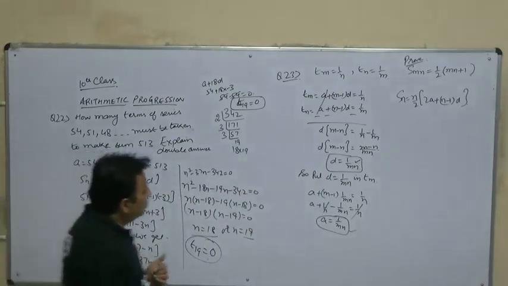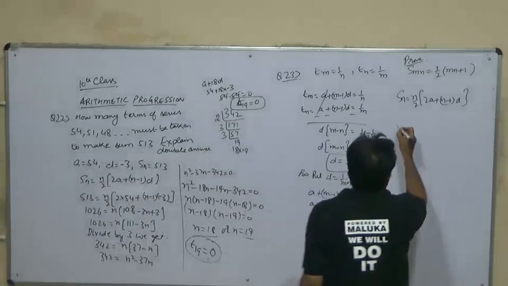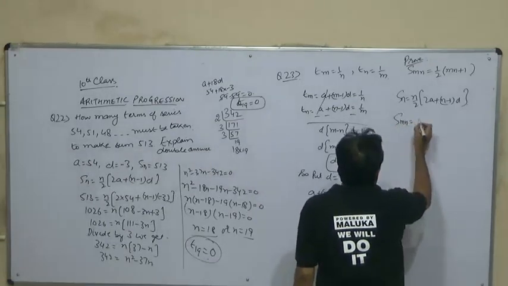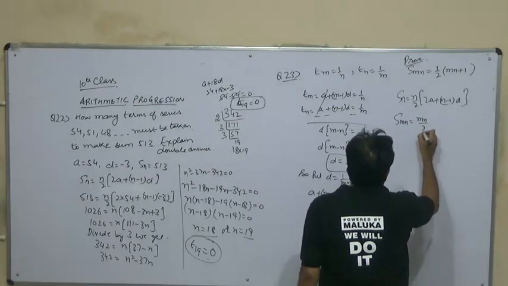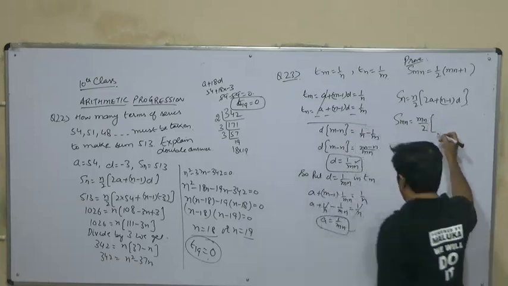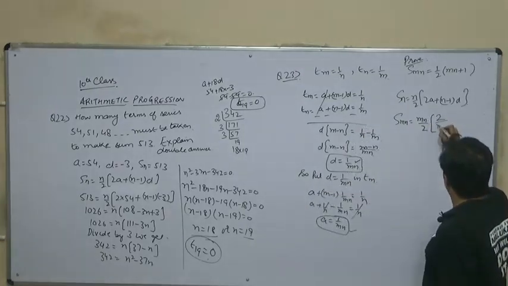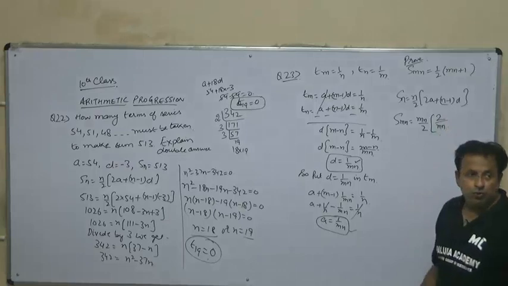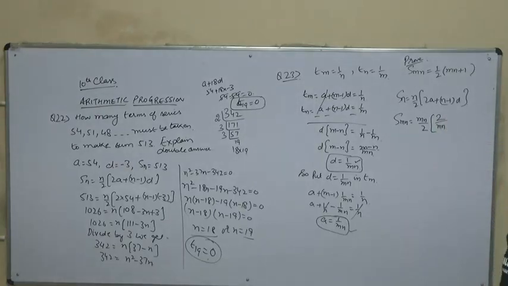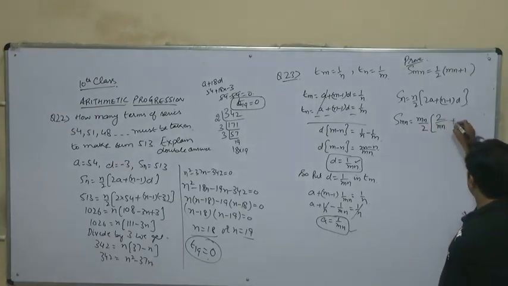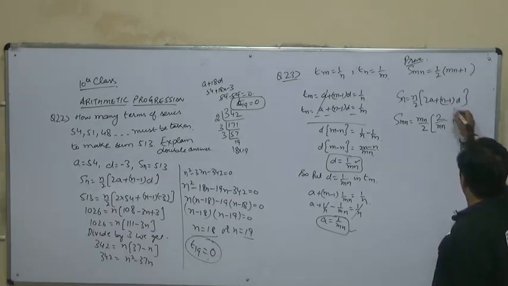So we put all those values. So for n we write mn upon 2, 2a is 2 upon mn, because 2 into 1 by mn is 2 upon mn, plus mn minus 1 for n minus 1, for d it is 1 upon mn.